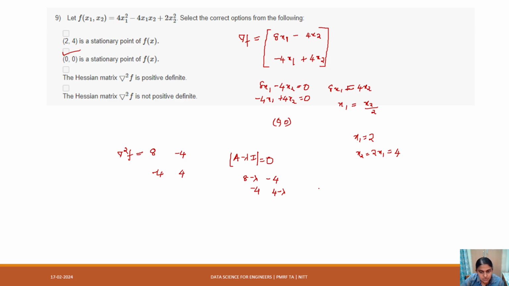So the next one, the del square, I am getting like what will be coming. So this one equal to 0, (8 minus lambda)(4 minus lambda) minus 16 equal to 0. So can you tell me what answer you are getting here?